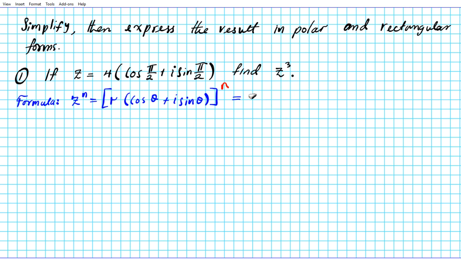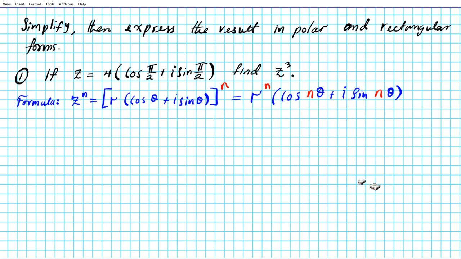Okay, so you're going to have r raised to the nth power, cosine n theta, so multiply the power by the angle theta, plus i sine n theta. Okay, so that's basically how you raise complex numbers in polar form to a specified power.